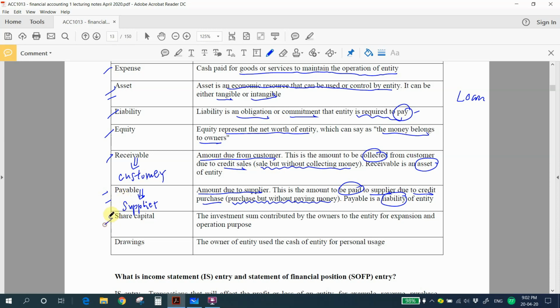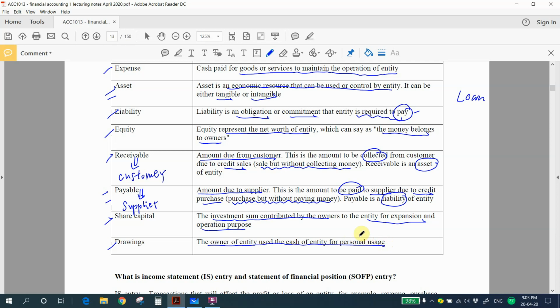Next, share capital. Share capital refers to the investment sum contributed by the owner for the entity to expand their business or for operation purposes. Last, drawings. What is drawings? The owner of the entity uses the cash of the entity for personal usage.